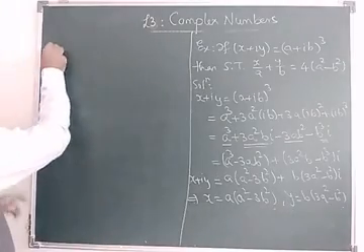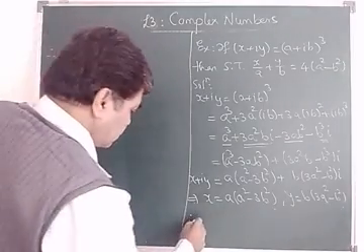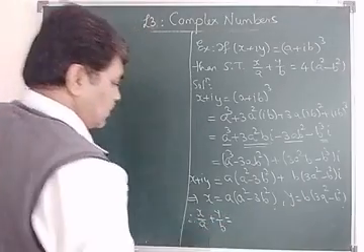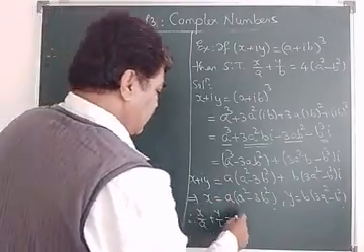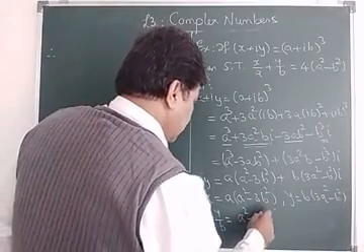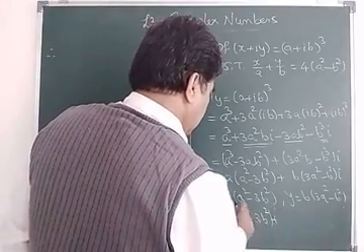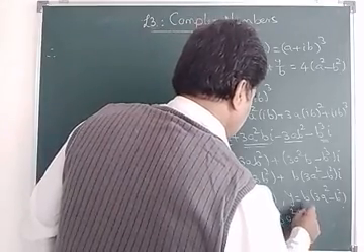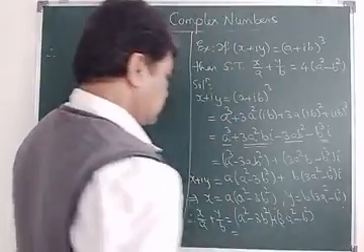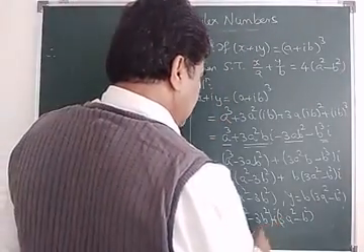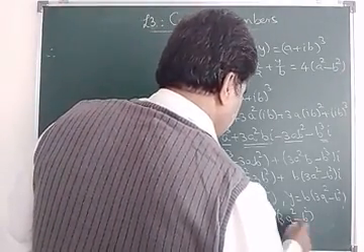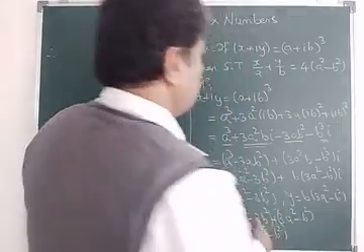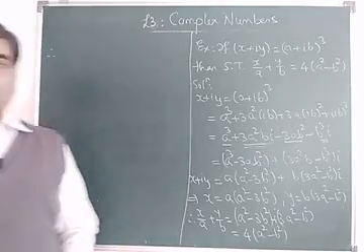Therefore, x by a upon y by b: if I divide by a, I will get a square minus 3b square, plus y by b, b gets cancelled, 3a square minus b square. A square plus 3a square is 4a square, minus 3b square minus b square, so 4 times (a square minus b square). Thus the result is proved.